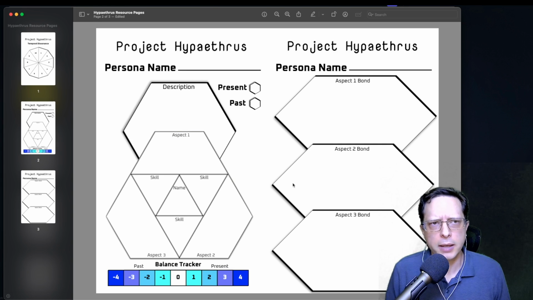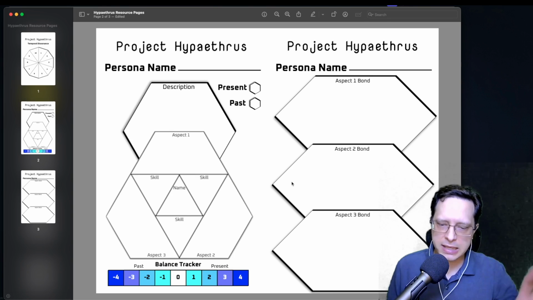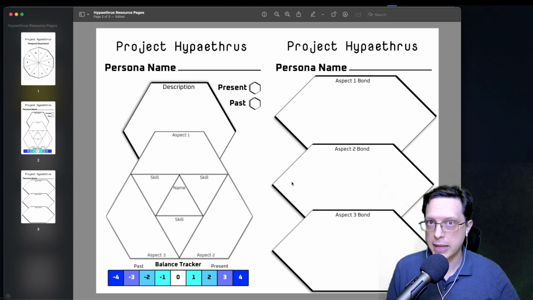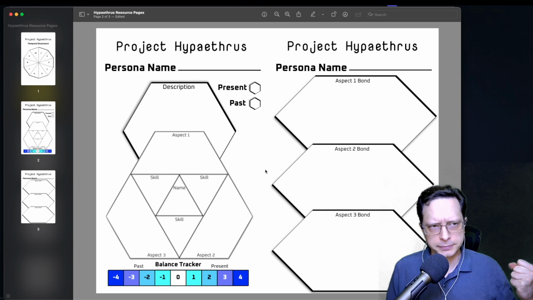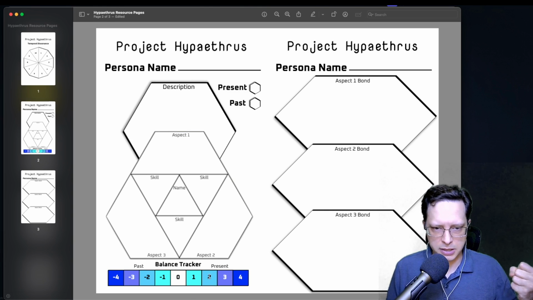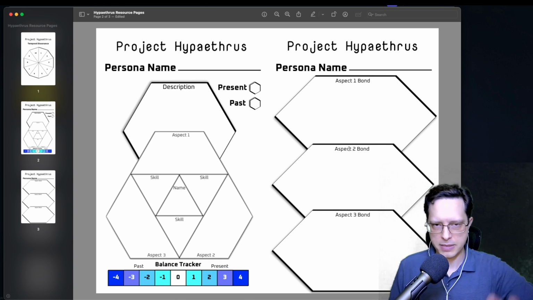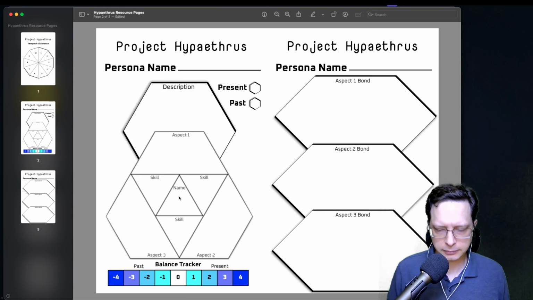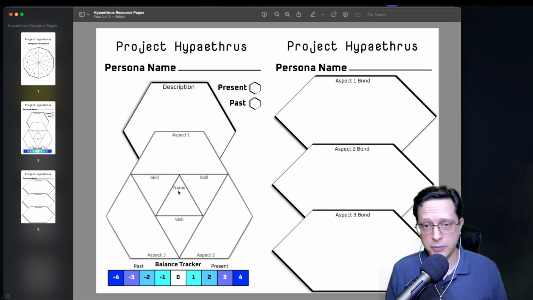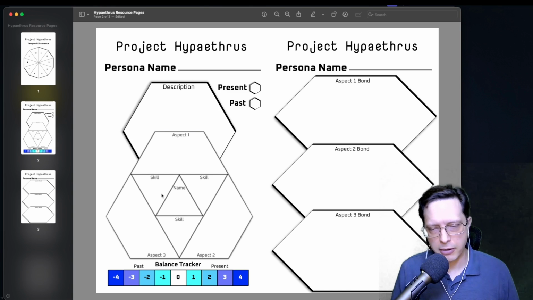So, yeah, essentially these are the aspects that I'm going to be bringing into this actual play that I'm thinking about doing: the balance tracker, the bonds, the aspects and skills. Because of that, we've got to create a character.